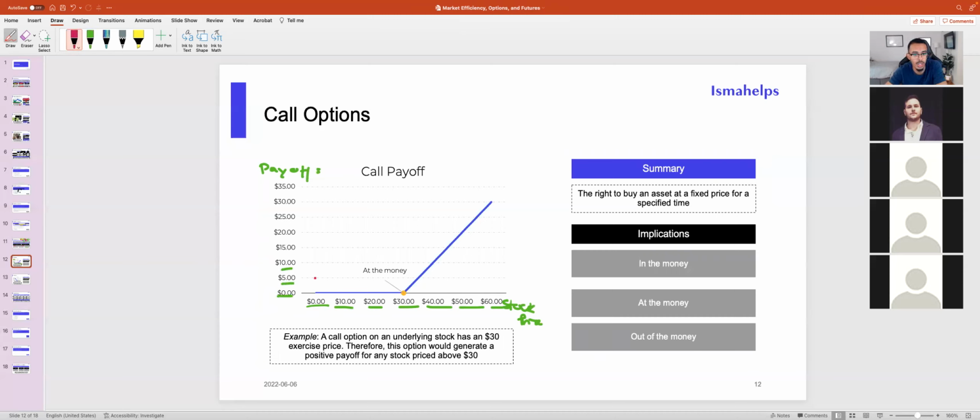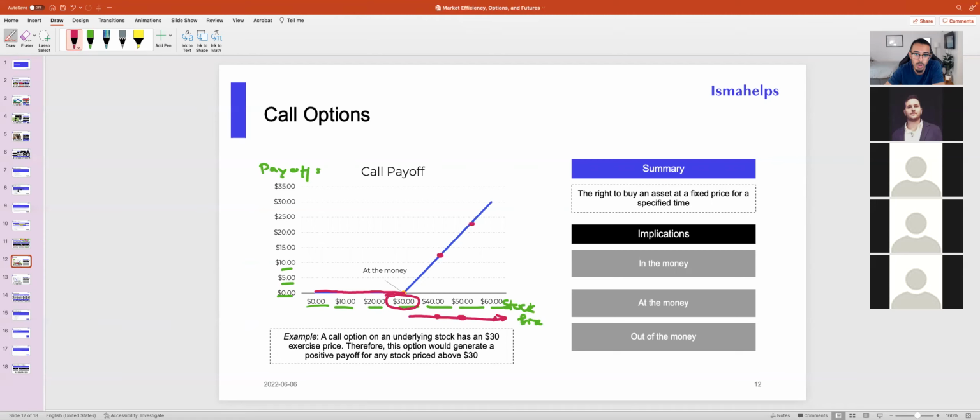Now, what's interesting here is that if we had a strike price of $30, our payoff would be non-existent all the way to 30, right? Because we would never exercise it. But in the case that the stock price is above 30, if it's 40 bucks, 50 bucks, 60 bucks, you notice that we start getting what we call payoffs.